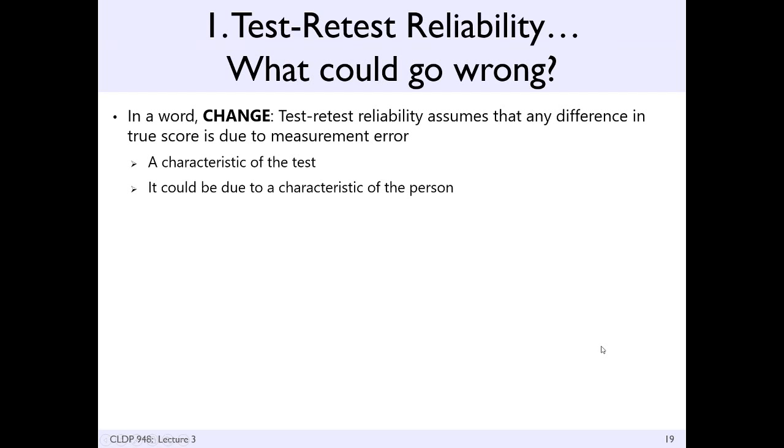So test-retest reliability. What could go wrong? Well, change. How likely is it that the next time you measure someone, they have the exact same true score? It has to be long enough to where they won't remember the items, but short enough to where they won't have grown or declined.